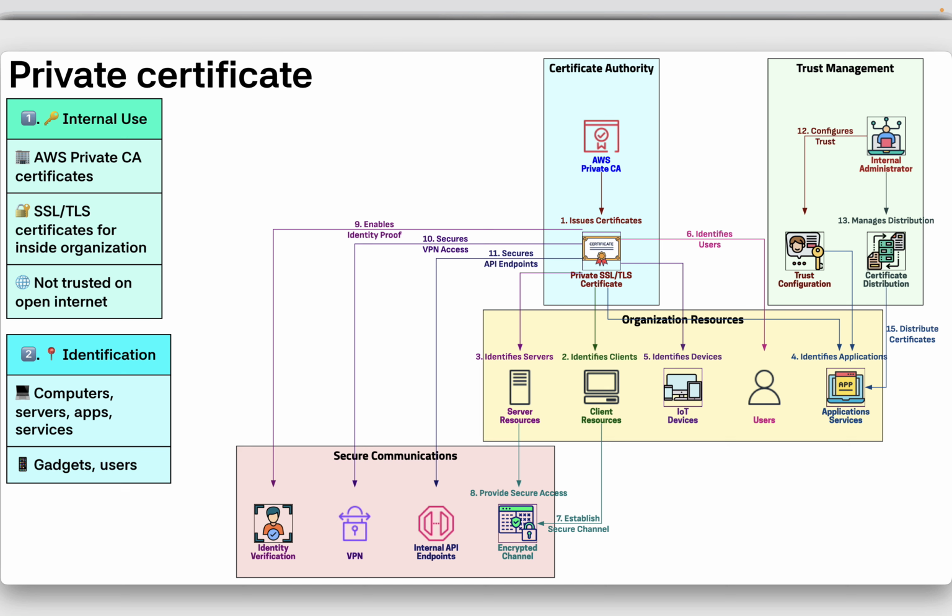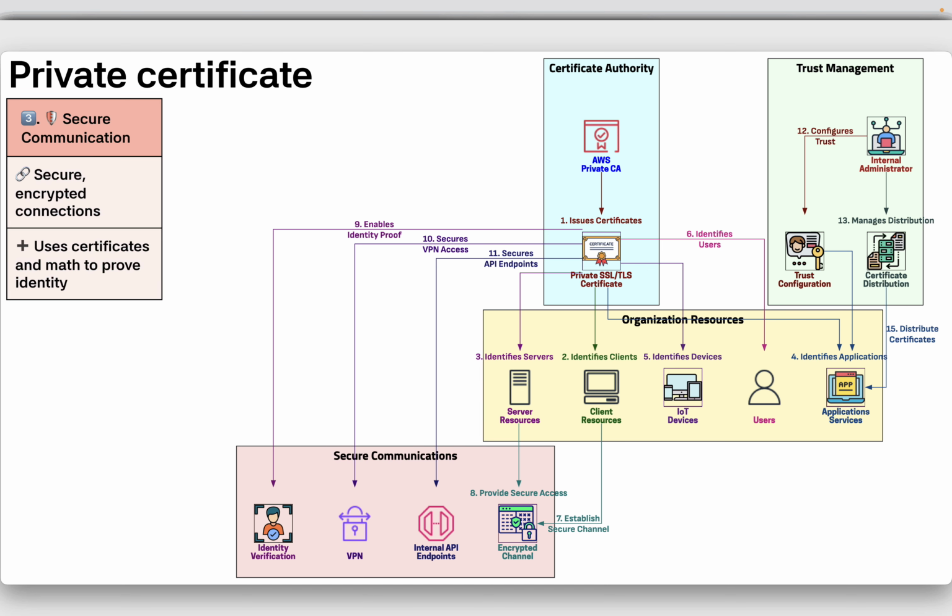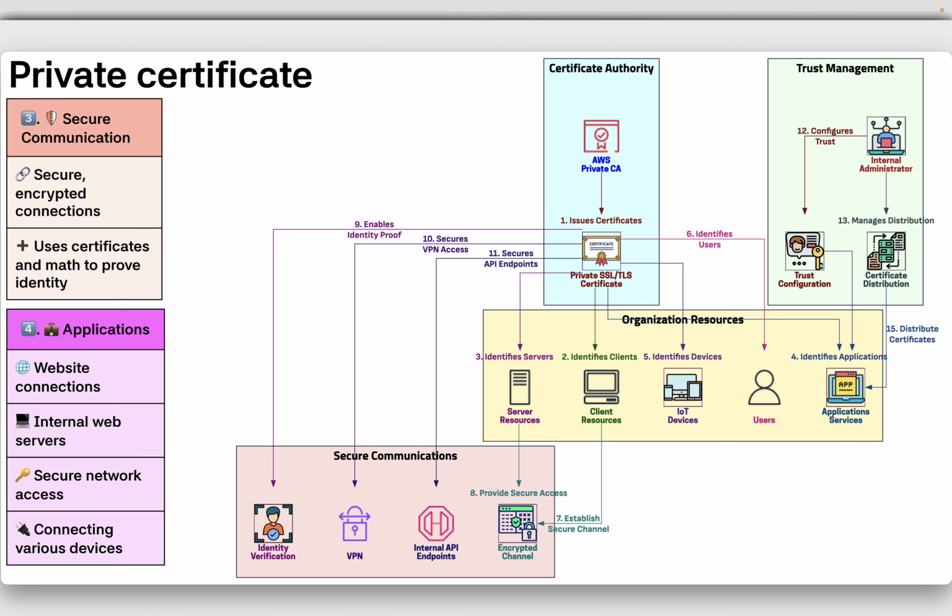So the private organization or enterprise landscape itself has many devices and many components, and they can be used everywhere, but privately. Secure communication, so they help set up secure encrypted connections. Each device or user uses a certificate and some clever math to prove who they are to the others. Applications, and this is used in many places internally, like website connections, internal web servers, secure network access for users, and connecting various devices.